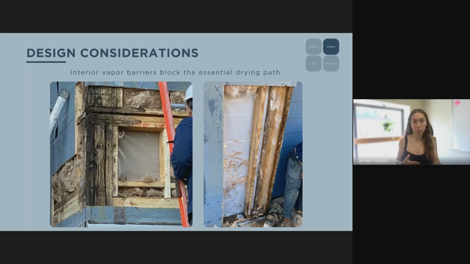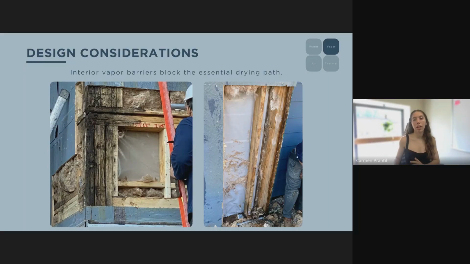An interior vapor barrier is still risky because it can block the essential drying path to the interior. So this can, again, reduce drying potential overall, but it can also hinder early warning signs of moisture problems in your wall assemblies.